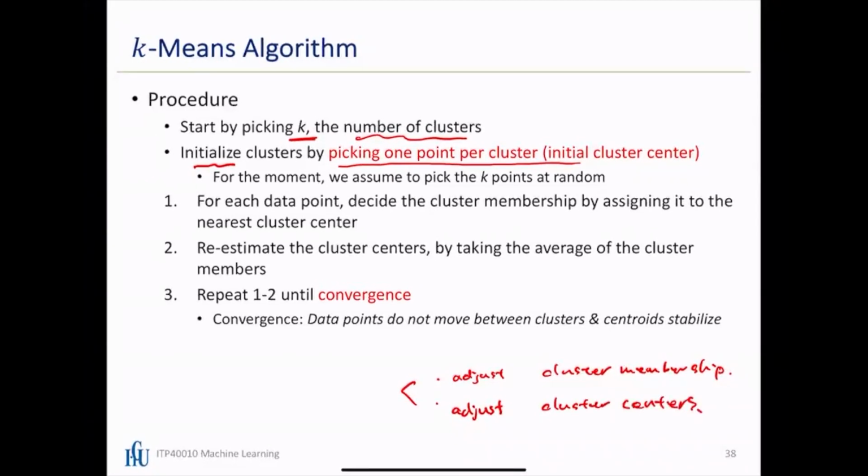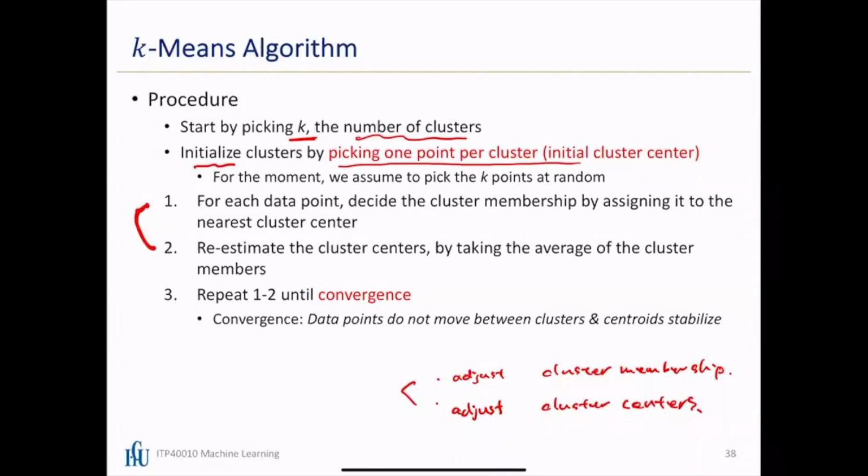Like we discussed, we want to adjust two things, cluster membership and cluster centers. Number one and number two here basically represent that. Each time you update the cluster membership according to the current location of the centroids. Then after you update the membership, out of the cluster members, you update the location of the centroids.